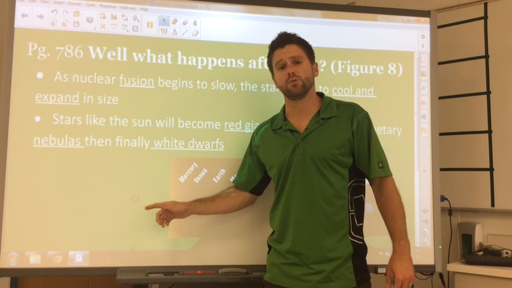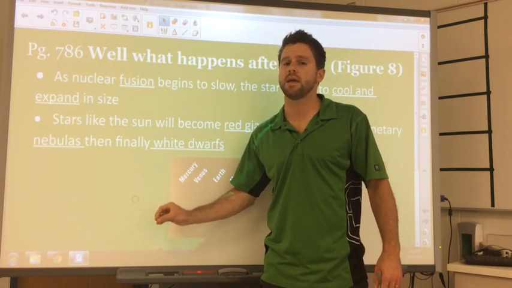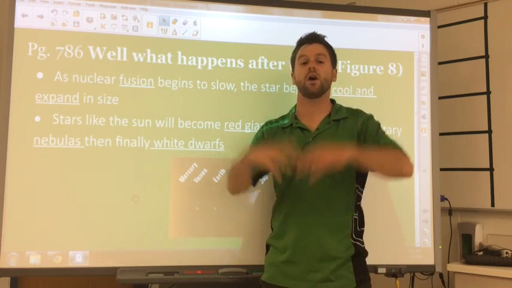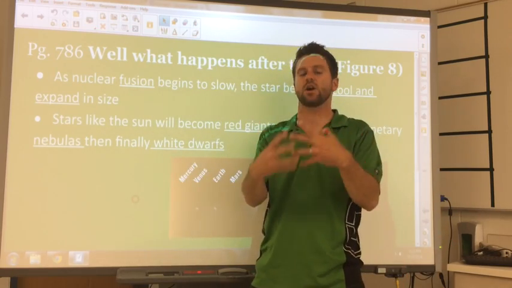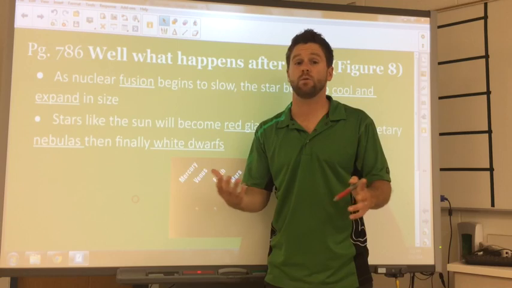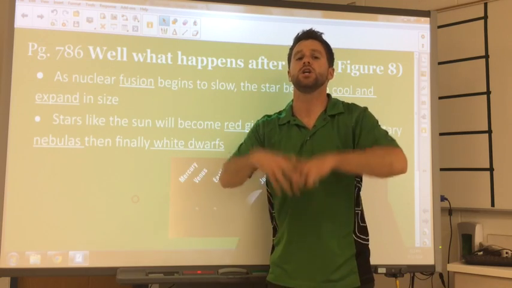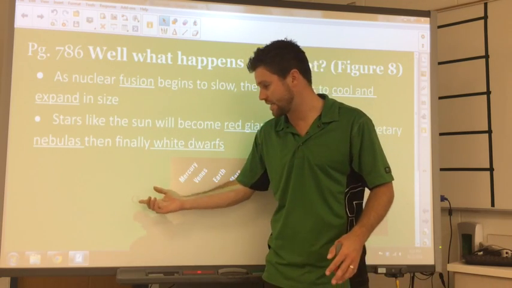It's not going through nuclear fusion, but it is still emitting some light. The rest of the heat that is in the core is being given off, and it will take millions and millions of years to give off the rest of that heat.